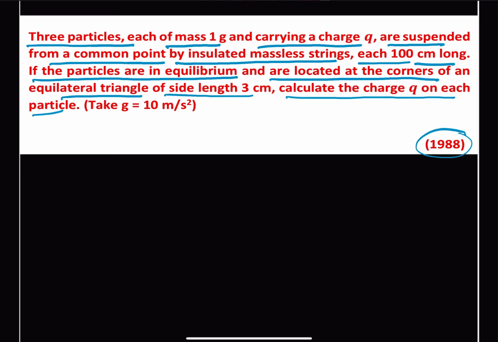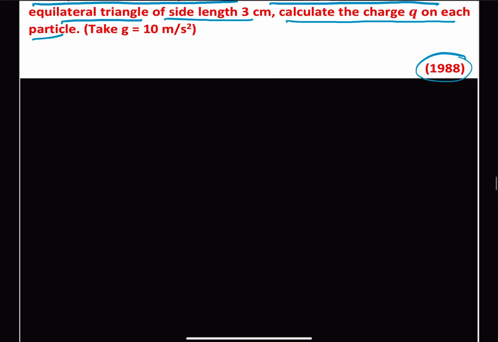So we are given that we have three charges, and these three charges form an equilateral triangle, and these individual charges are hung by a thread to a common point. So we can draw an approximate figure for that.